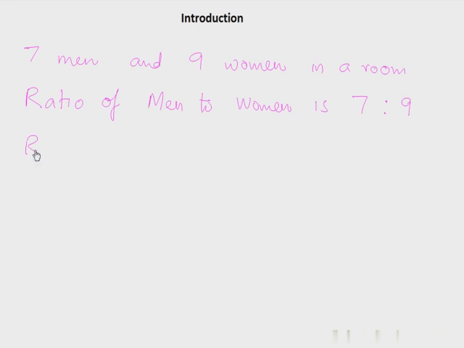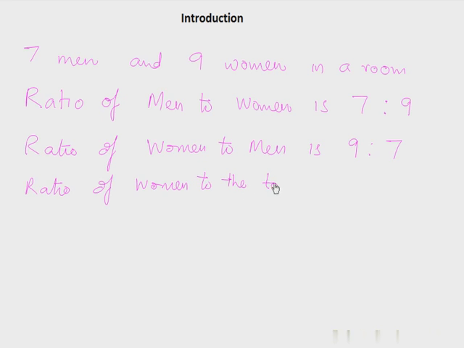I can say the ratio of women to men is 9:7. I can also give the information in a third way. I can say the ratio of women to total number of people in the room is 9:16.